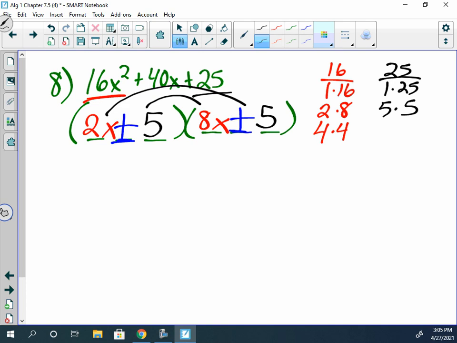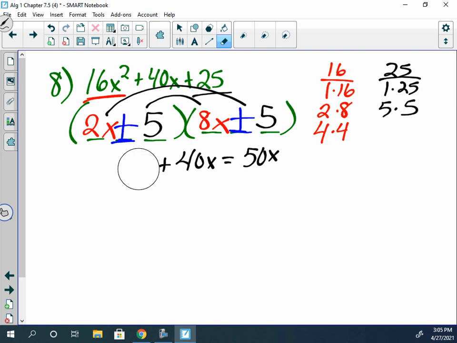All right, guys, let's check this here. Well, 2x times 5 is 10x, 8x times 5 is 40x, and 10x plus 40x is 50x. All right, keep the 5 and 5, but switch the 2 and 8 to 4 and 4.